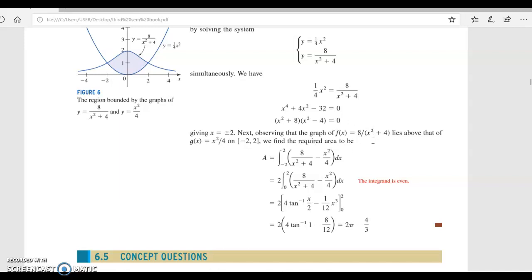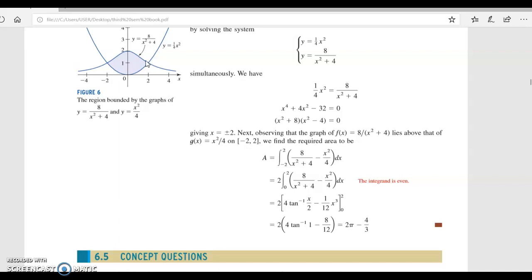Let f of x equal to 8 by x square plus 4 and g of x equal to x square by 4. On minus 2 to 2, the area is equal to the integral from minus 2 to 2 of 8 by x square plus 4 minus x square by 4 dx.